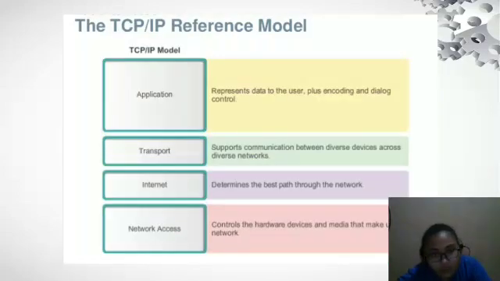The TCP/IP reference model: the first layer is application, which represents data to the user plus encoding and dialogue control. Transport supports communication between diverse devices across diverse networks. Internet determines the best path through the network, and network access controls the hardware devices and media that make up the network.